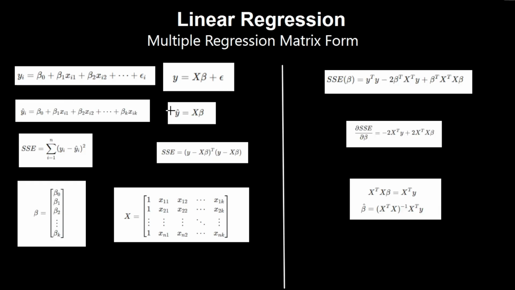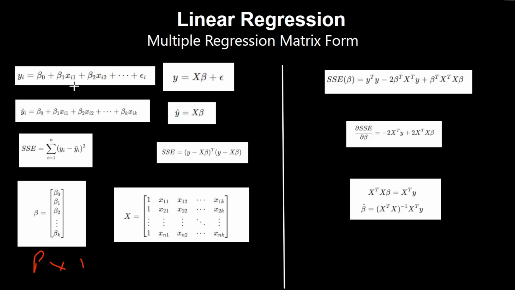Now we know about the shape and contents of the matrix. Let's go to the vector beta. Here the vector beta is a coefficient vector of the shape p times 1, where p is the number of parameters.